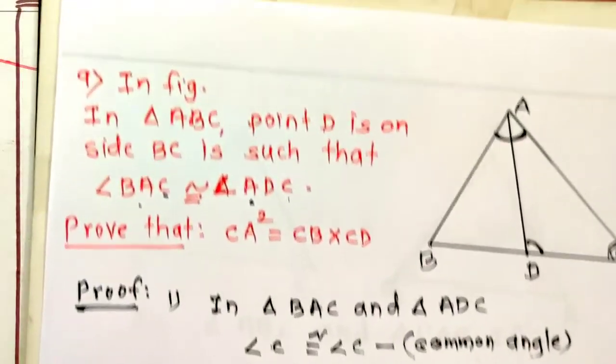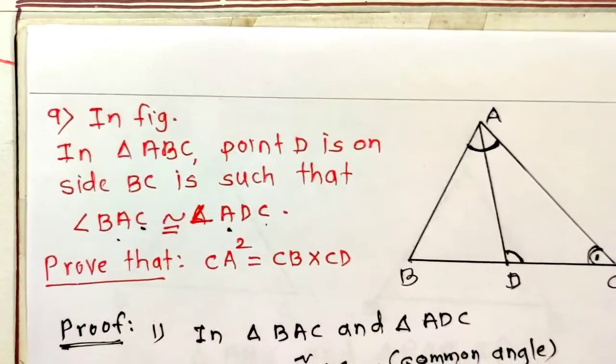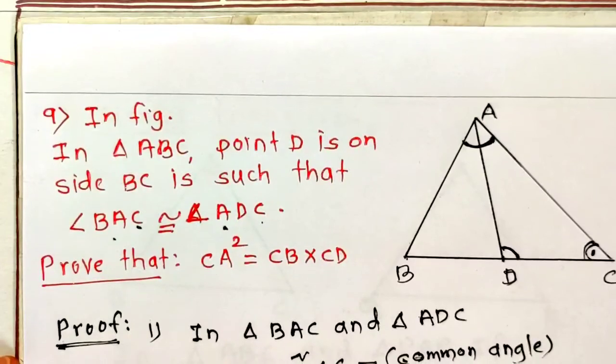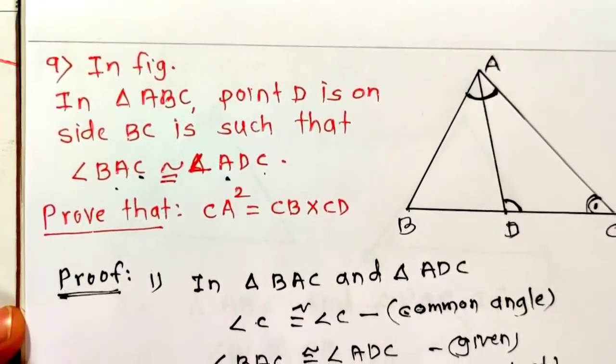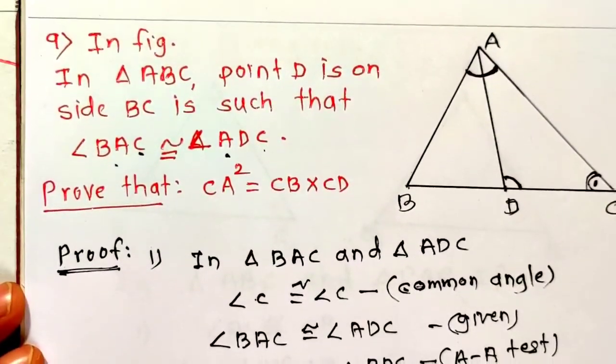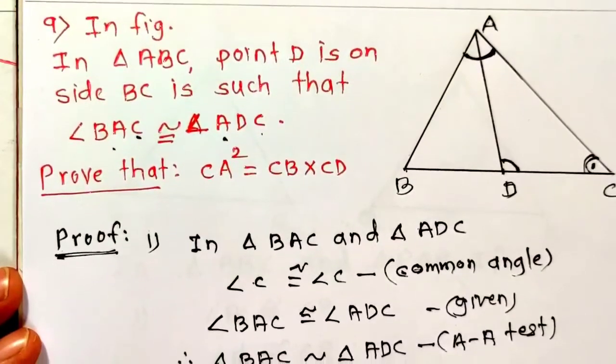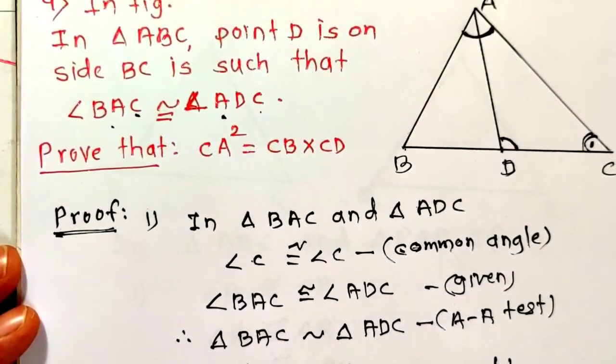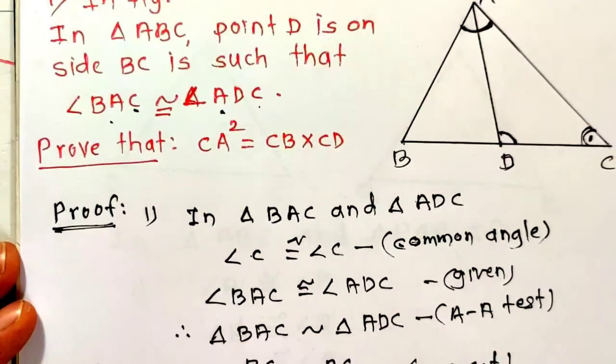So let us see again that ninth sum. Here two triangles are there, BAC and ADC, in which what is given? Angle BAC is congruent to angle ADC, that is given, and C is the common angle.